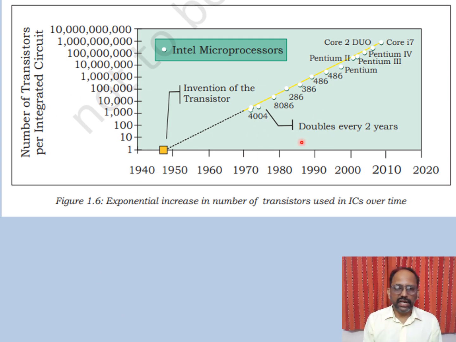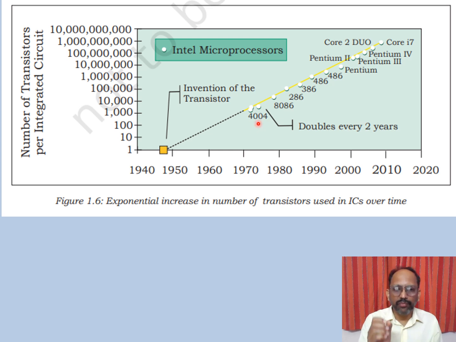In this slide, you can see a chart consisting of different kinds of microprocessors and the number of transistors present in these microprocessors. Please go through each and every type of microprocessor. Here, the microprocessors started from 4004. What is this 4004?